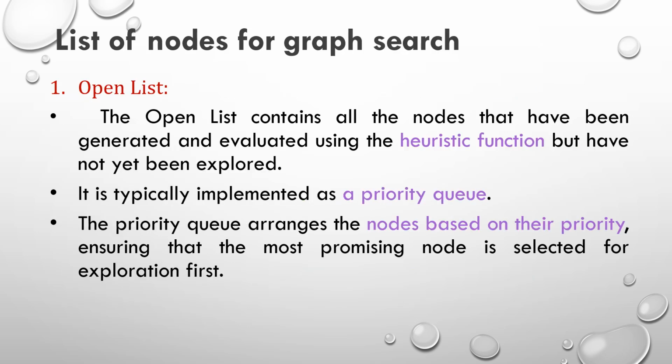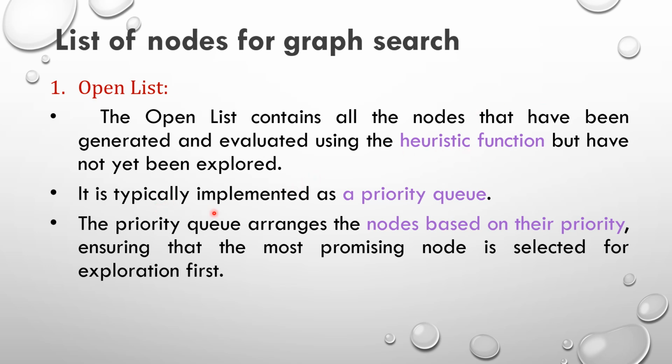So, lists of nodes for the graph search. There are two lists available. One is the open list and another one is the closed list. What is the open list? The open list contains all the nodes that have been generated and evaluated using the heuristic function but have not yet been explored.